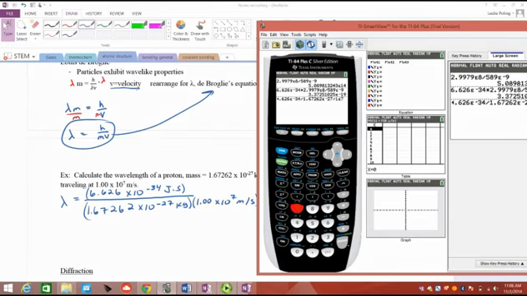And remember, you're dividing by everything that's on the bottom. So you get 3.96 times 10 to the minus 14.